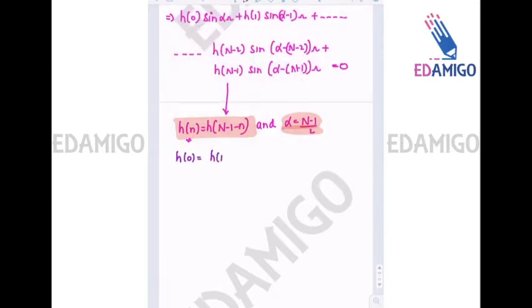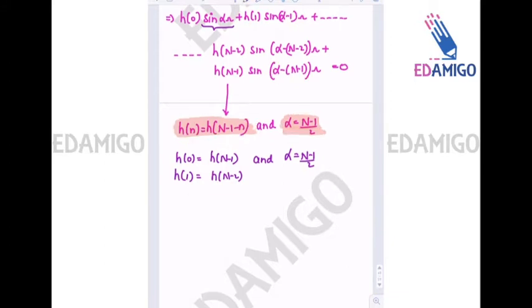h0 equals h of n minus 1, h1 equals h of n minus 2, and since alpha is equal to capital N minus 1 divided by 2, I can say that this is sine of alpha minus n.